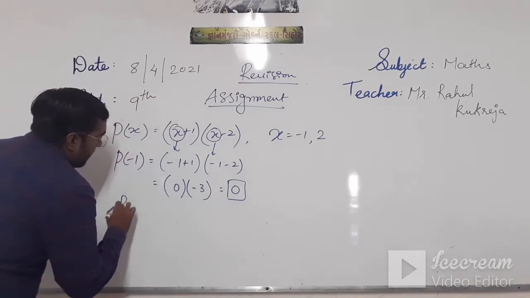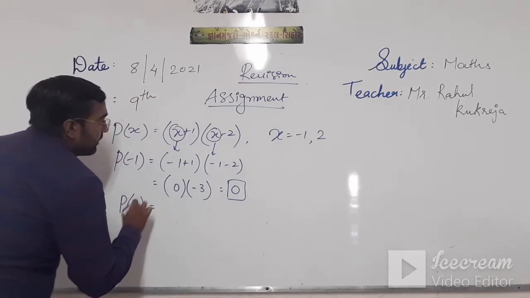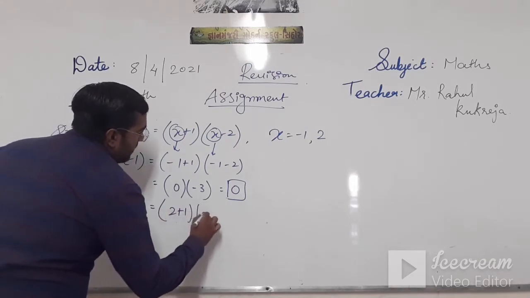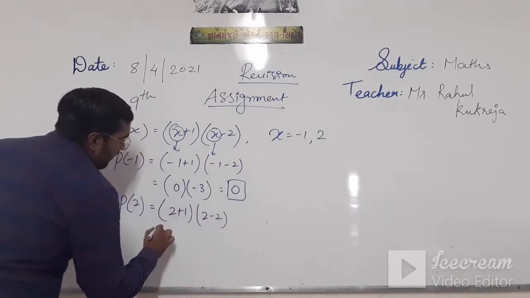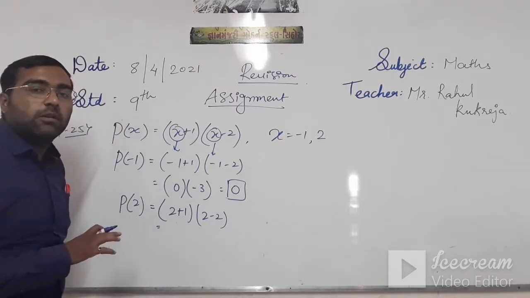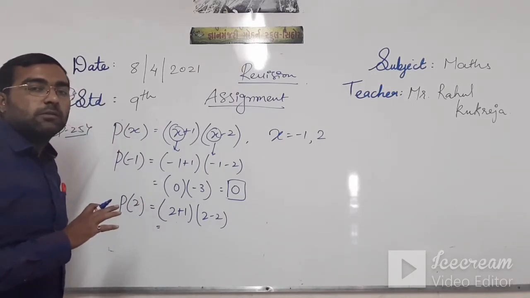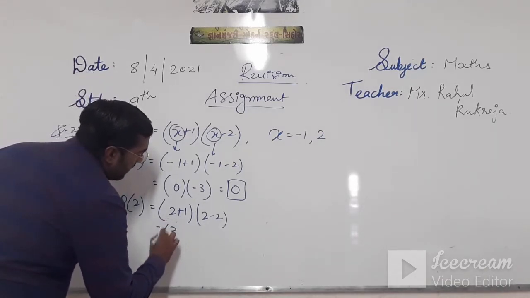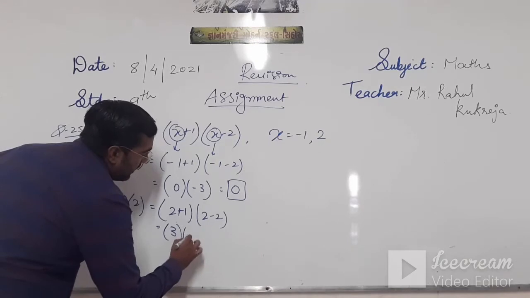Second, we are taking p of 2 is equal to 2 plus 1 times 2 minus 2. We are just putting the value of x as 2. Nothing else to do. Clear? So 2 plus 1 is 3, and 2 minus 2 is 0.